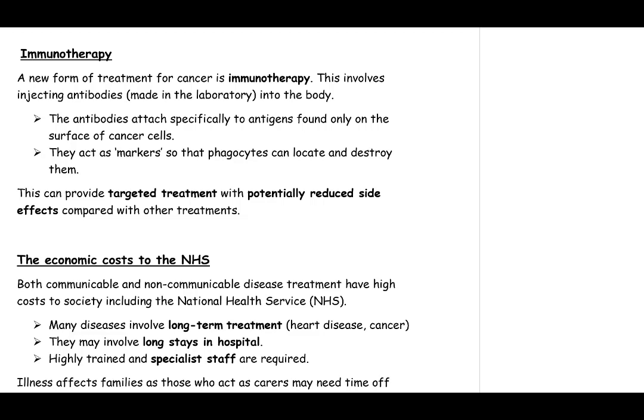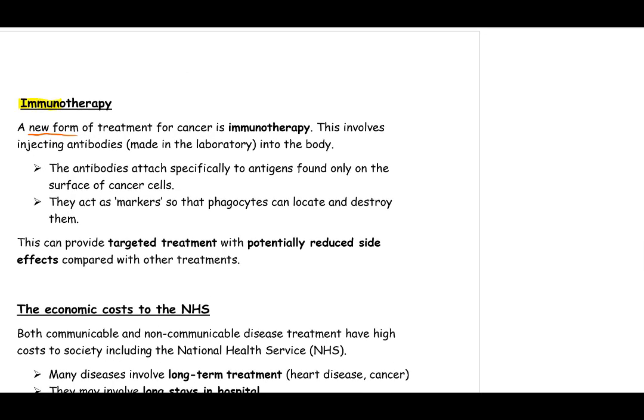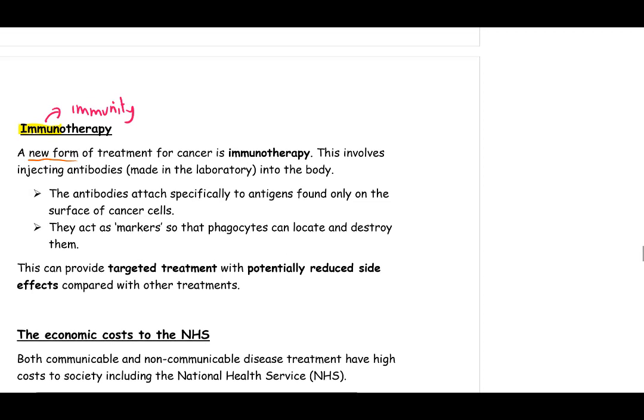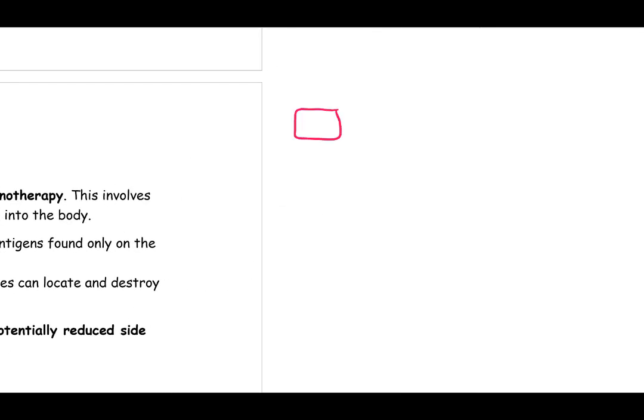Now this last part then is just a little bit about a new form of treatment called immunotherapy. Now, as the name suggests, immuno is to do with immunity. So what we looked at in immunity was we said that whenever a microbe, which can cause a disease, gets in your body, it has antigens on its surface, like this.